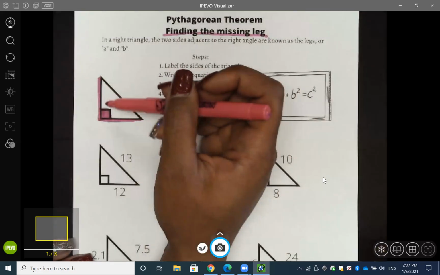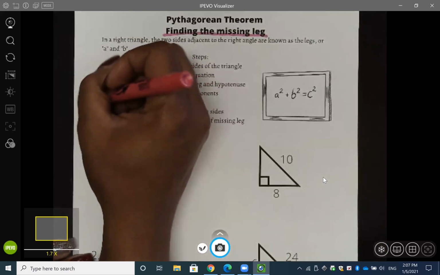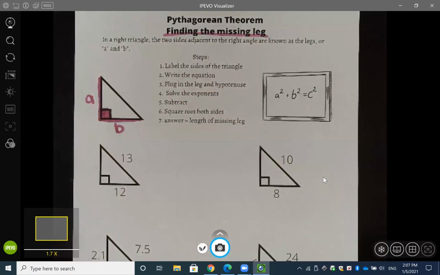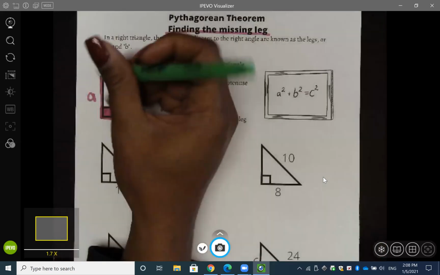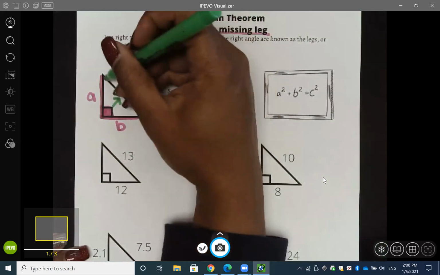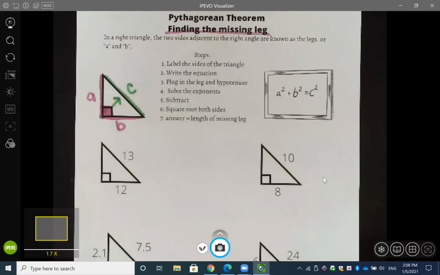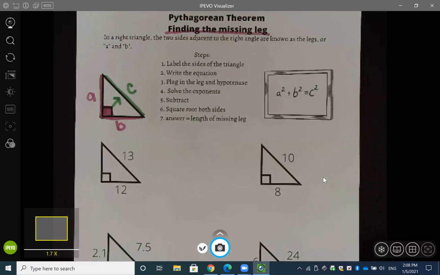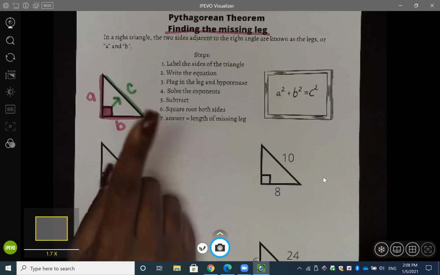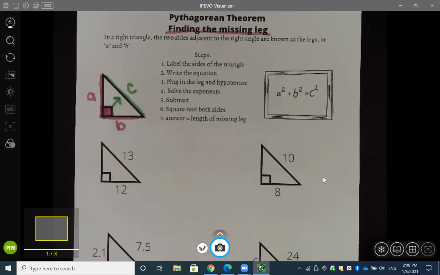Our legs are known as A and B. As we have been learning, the side directly across from the right angle is your C, or your hypotenuse. Today we are solving for a missing leg, meaning we have one leg and we have our C, but we need to solve for the missing one.